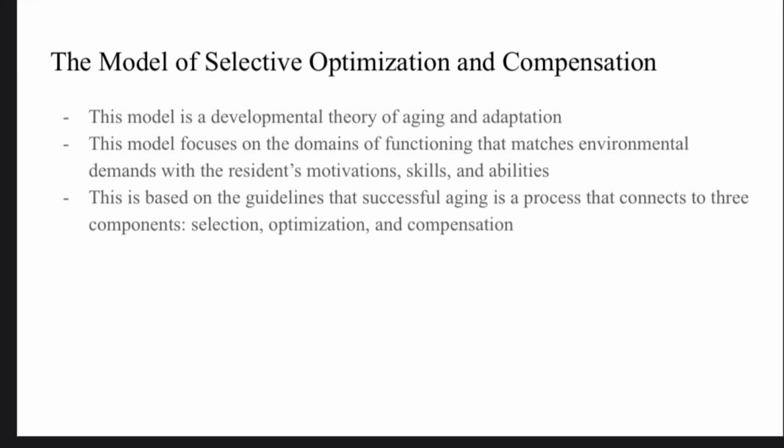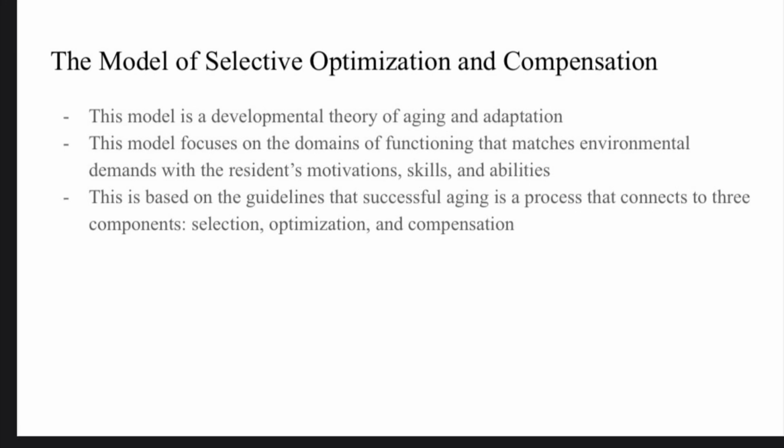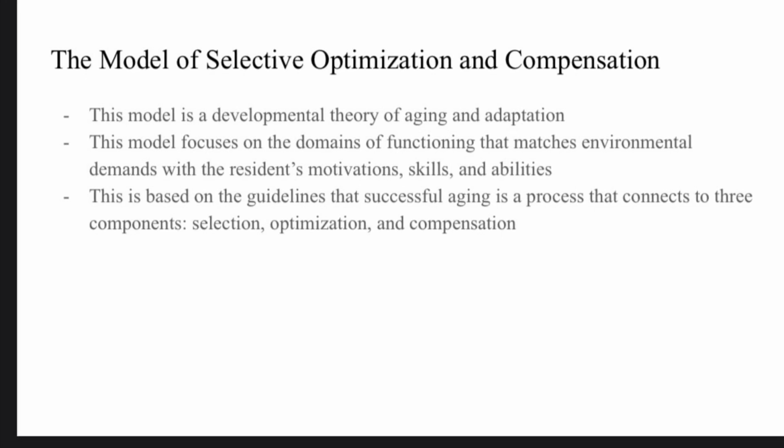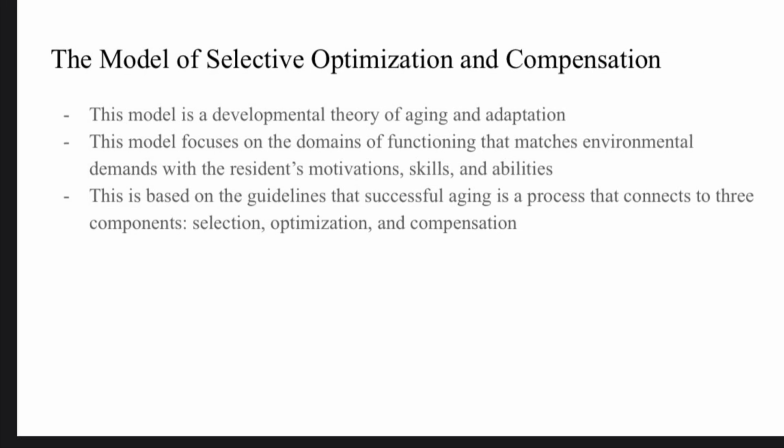Lastly, the third, compensation, refers to the use of psychological cues, social/environmental adaptation, and technological adaptive devices to compensate for functional abilities and behavioral capacities of an individual. So as a whole, it describes a lifelong process within which individuals pursue their own well-being.